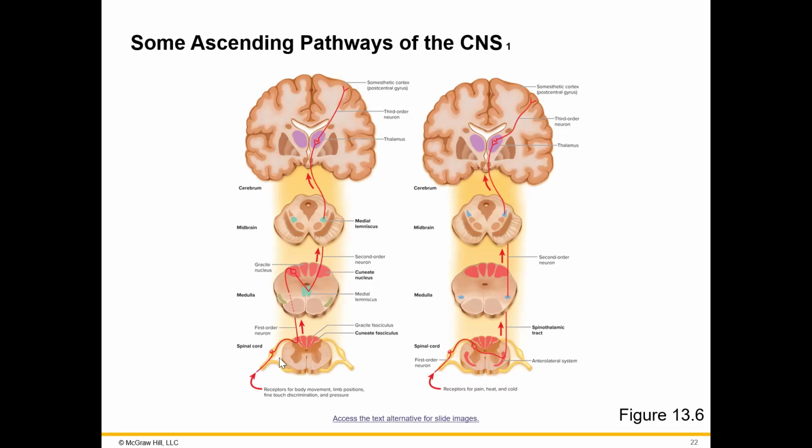It goes into your spinal cord, and if you compare here, is this an ipsilateral or contralateral transmission? This is ipsilateral. Look at the first order neuron, there's no decussation.